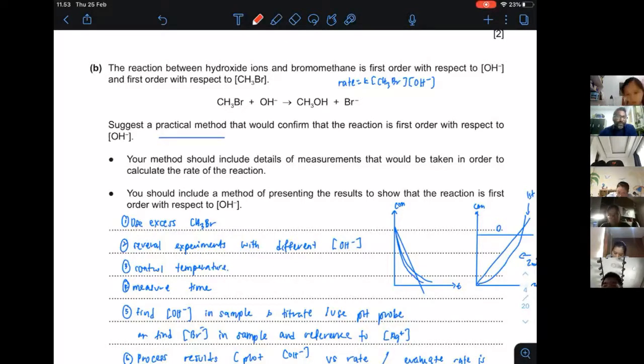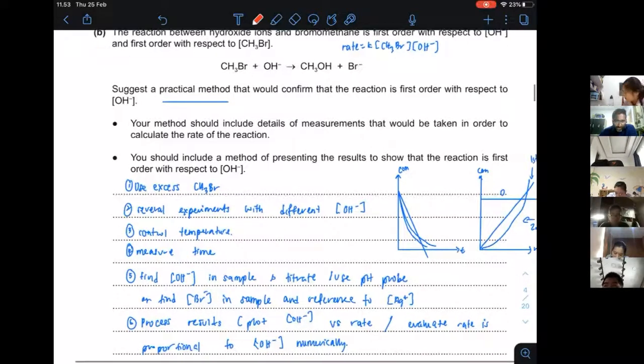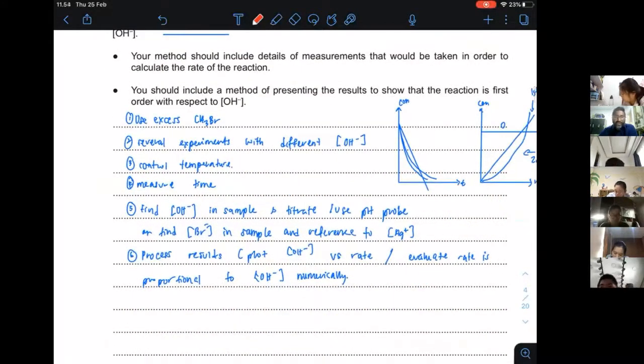Here I'm going to find the concentration of OH minus in the sample. How do I find that? I'm going to titrate using something that can tell me the OH minus, so maybe I titrate with acid, or you can use a pH probe.